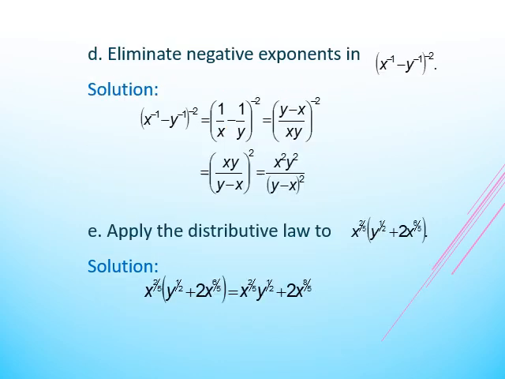Let's move to another example which eliminates the negative exponents. Here we have negative exponents inside the brackets and here all to the power negative 2. Let's take it step by step. If we have x to the power negative 1 will be 1 over x and negative sign for the question, then y to the power negative 1 equal to 1 over y, all to the power negative 2.